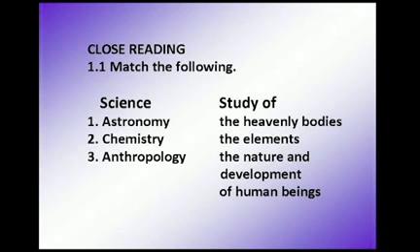To get the correct answer, you will find it in the text. The text says that astronomy is the study of the heavenly bodies, such as the moon and stars, their motion and position in space. So, according to the text, the correct answer for astronomy is the heavenly bodies.